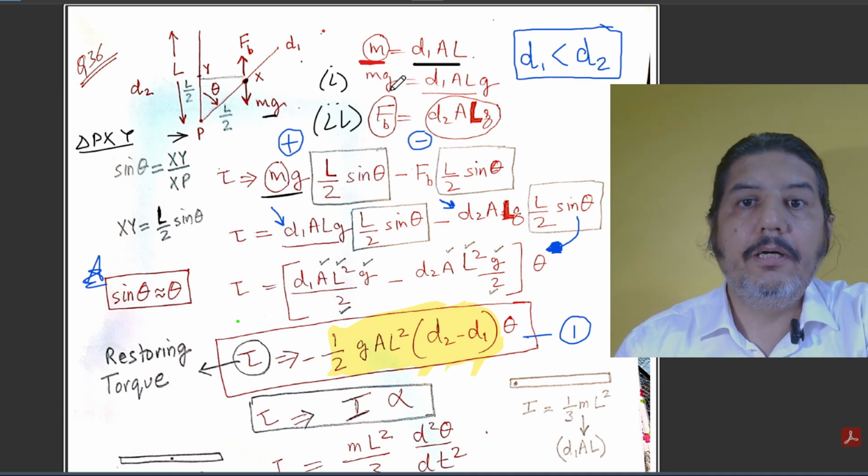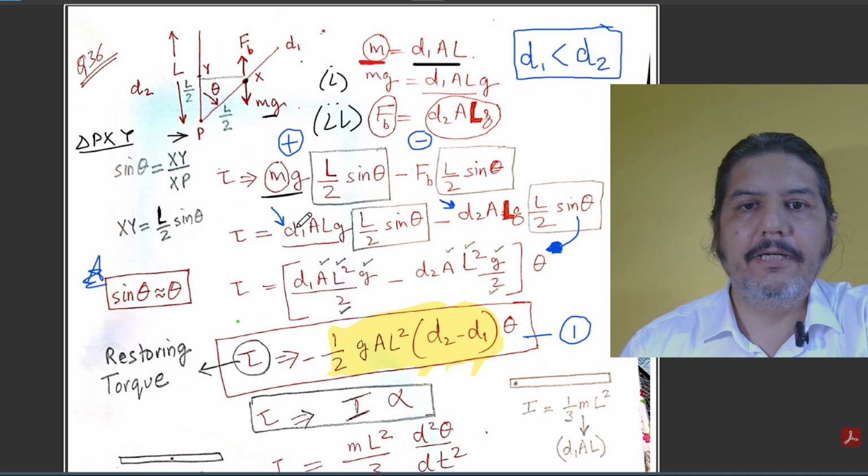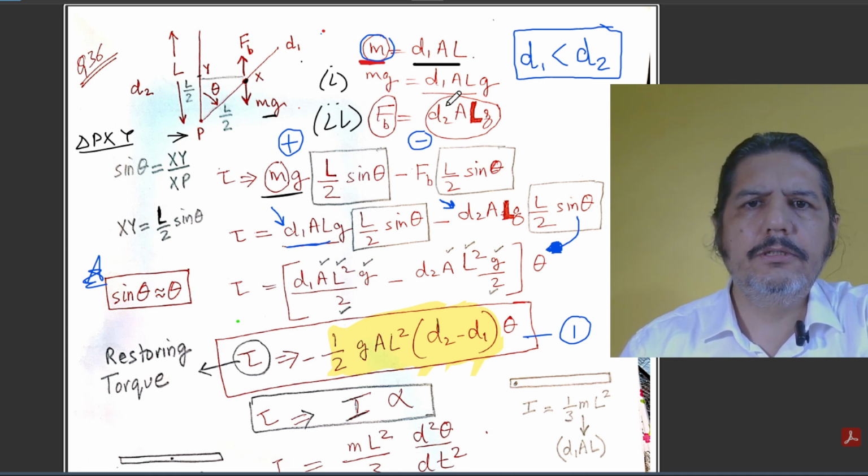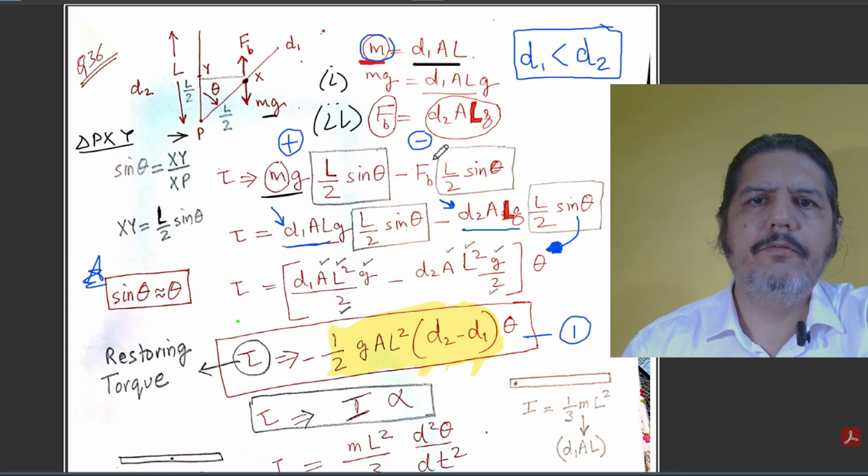Now, for mg, I've put d1 AL, taken from this part, then multiplied by g L by 2 sine theta, minus the value of the buoyant force d2 ALg, which I have taken from the second equation and put here, multiplied by L by 2 sine theta.